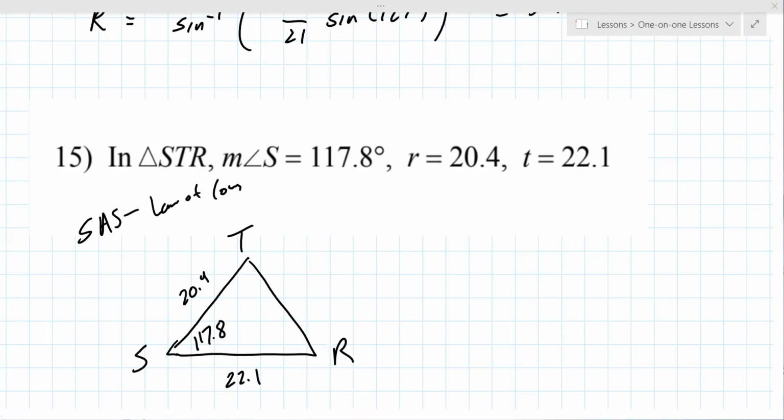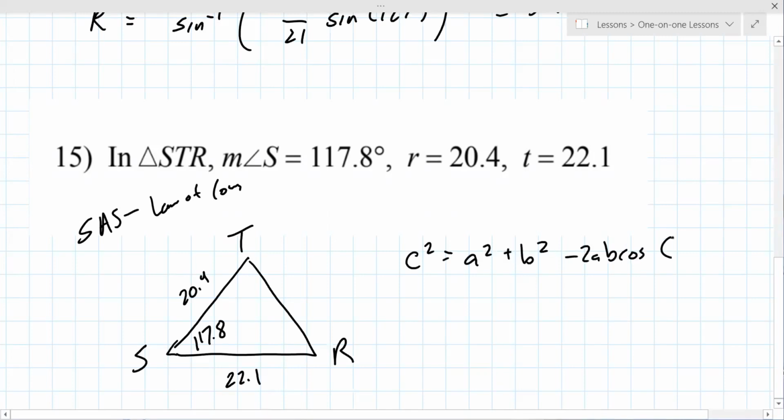Okay, so try setting this one up. It's the same thing here as C squared equals A squared plus B squared minus 2AB cosine C. See if you can set that up. You have all the information from before, and you can see if you can get to the right answer with that.